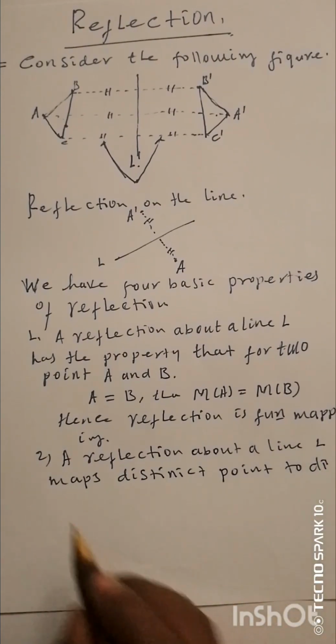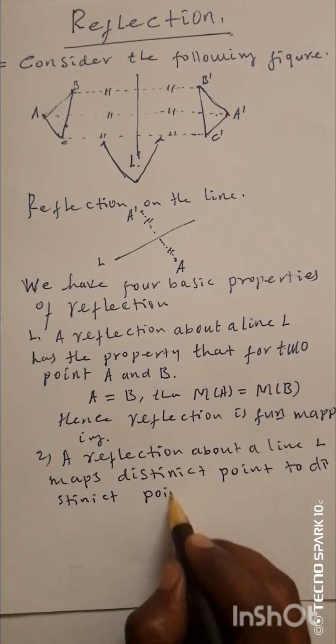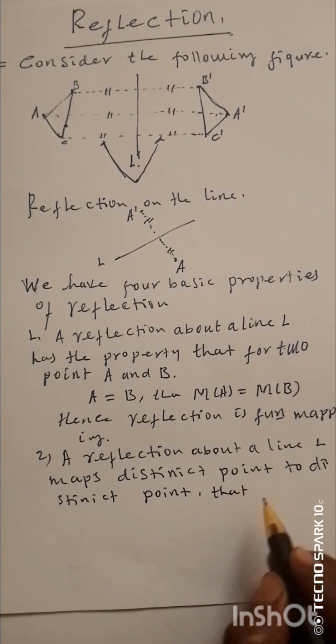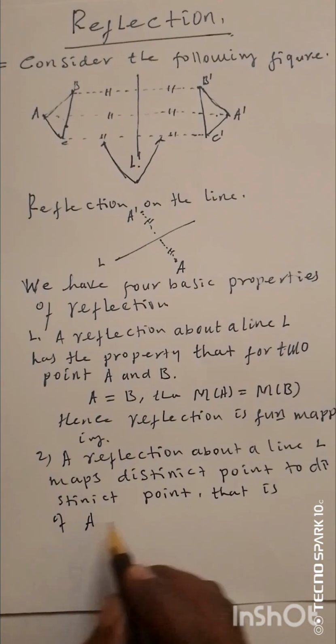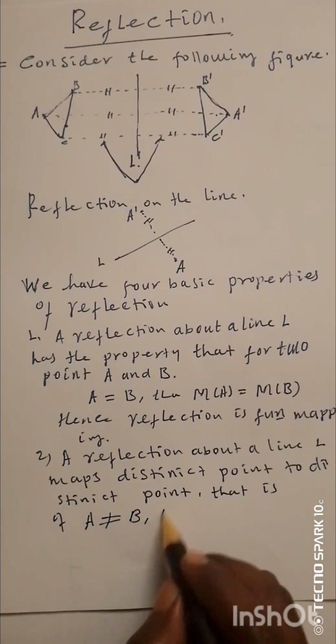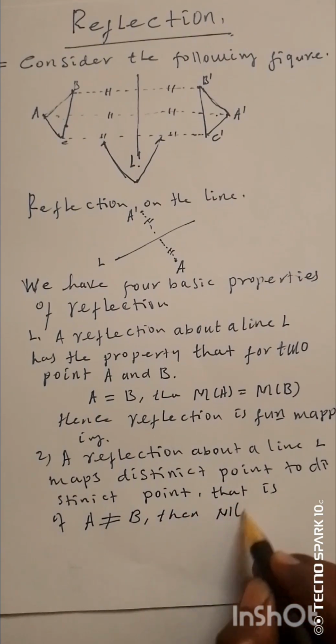That is, if point A is different from point B, then the map of A and the map of B are also different.